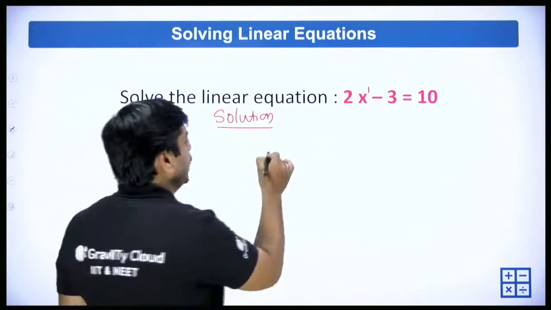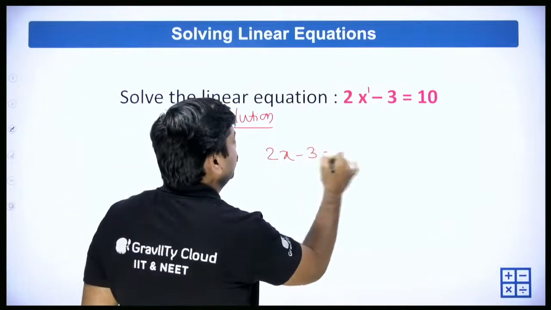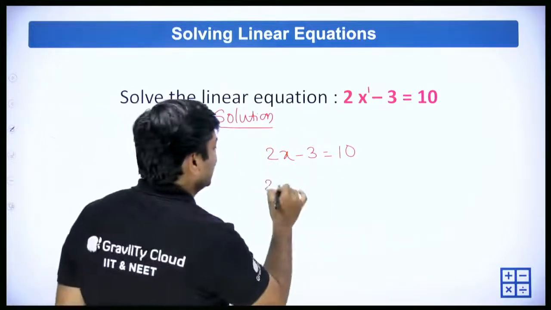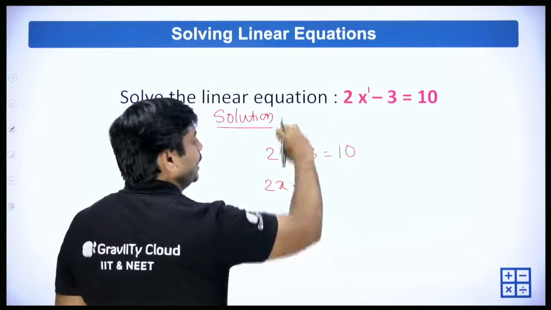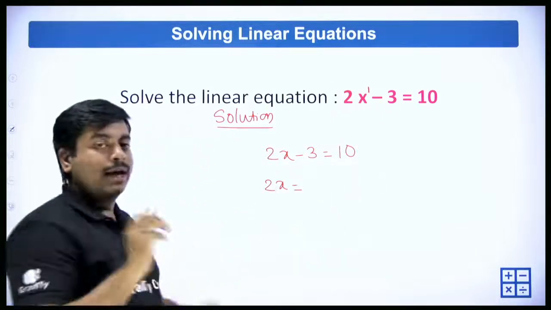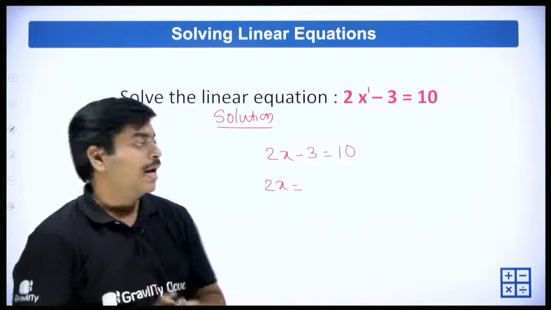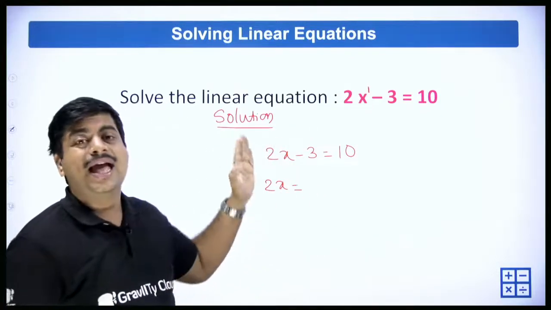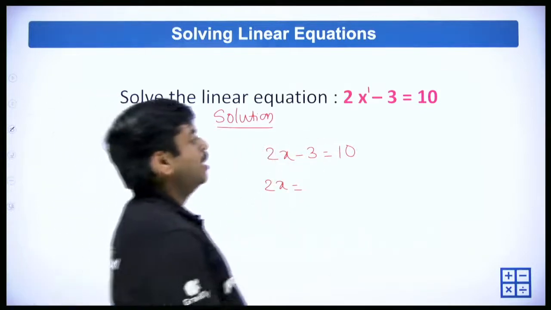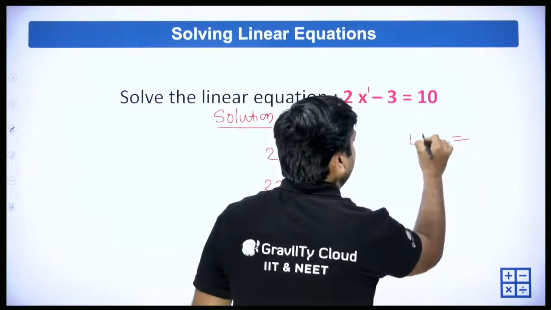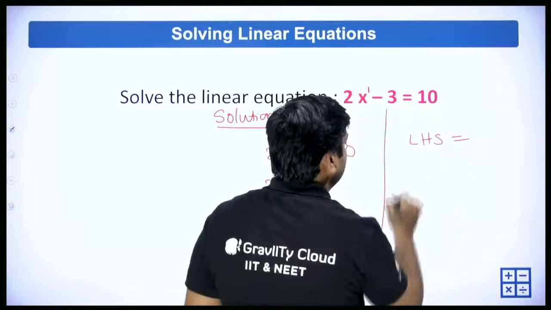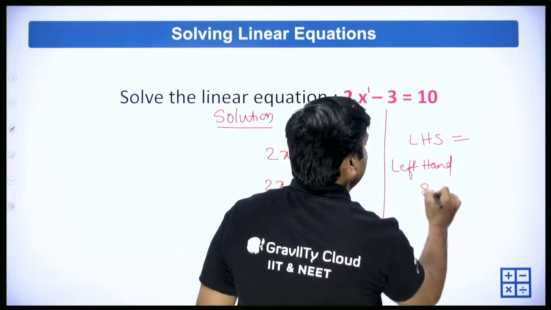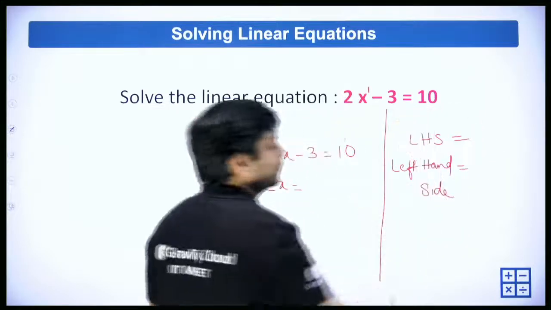Okay, so 2x minus 3 is equal to 10. So 2x is equal to 10. This minus 3 will come here. Okay, now once again understand. Whatever we have to the left side of equality, we say LHS, which stands for left hand side.